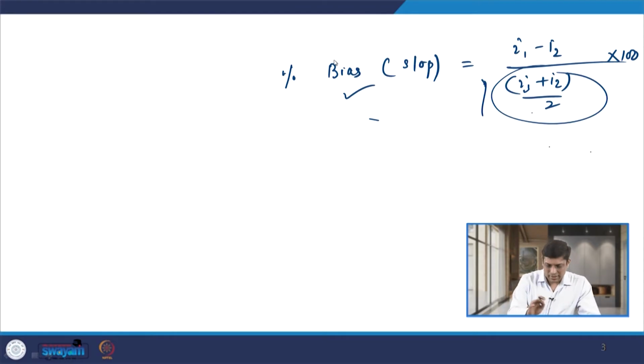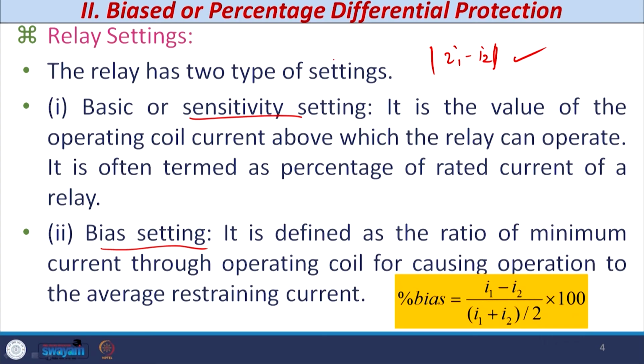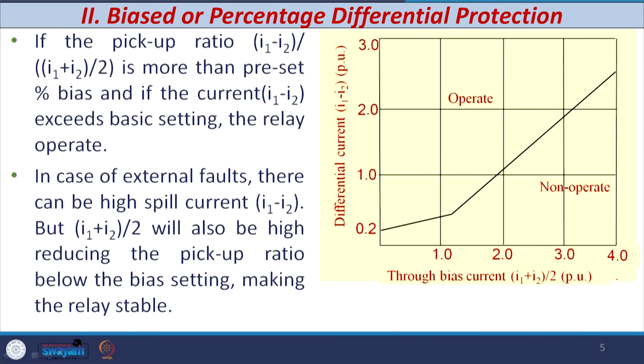That means using the bias setting, the problems faced by the circulating current differential relay because of non-identical CT saturation characteristic, unequal lead lengths, or the flow of spill current can be avoided if I use the biased or percentage differential protection scheme.